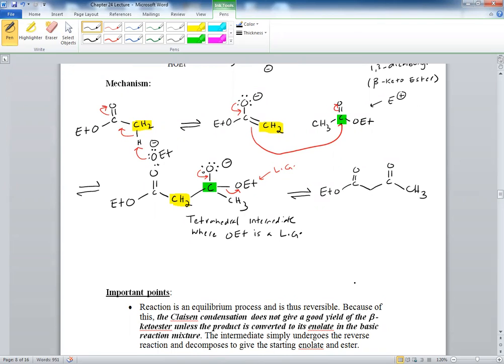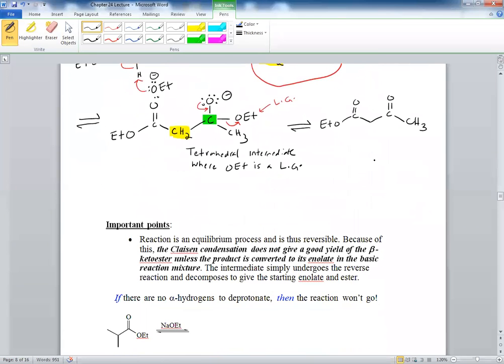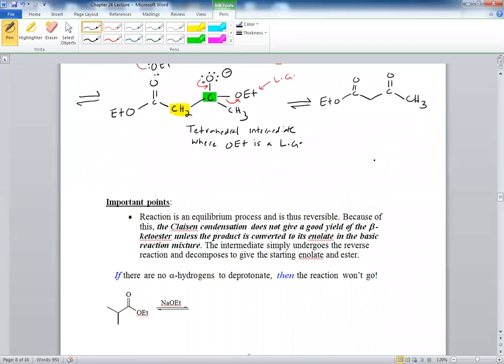And remember, we talked about how this can be stabilized via resonance if you, again, deprotonate the alpha carbon in the middle. So there are a few important points to remember about the Claisen condensation. Number one is that the reaction is an equilibrium process, and it could be reversible.